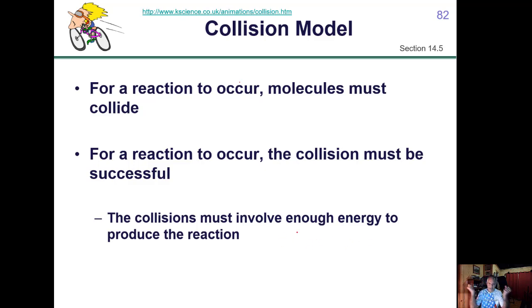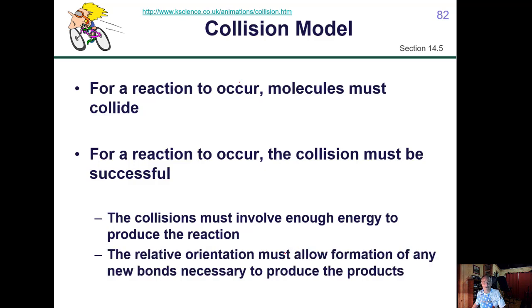That is, there has to be enough kinetic energy, and the molecules have to have the right orientation. That is, there may only be one part of a molecule that is available to have a bonding event with another molecule, so they have to be in the right orientation.